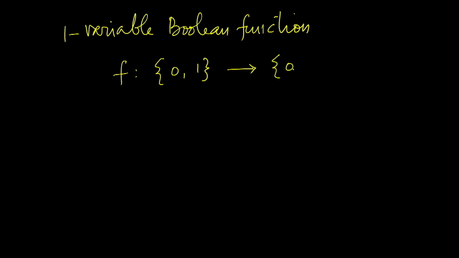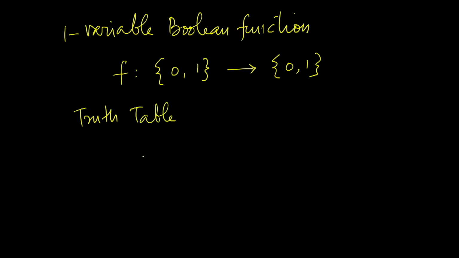When we consider one variable Boolean functions, we are considering functions that take one Boolean value as input and produce one Boolean value as output, functions of this signature. Such a function can be specified using what is called a truth table.